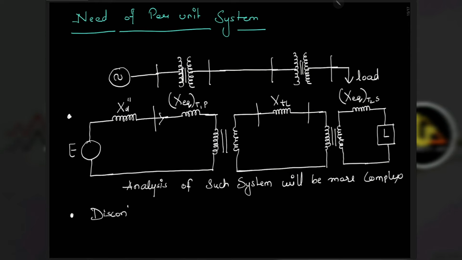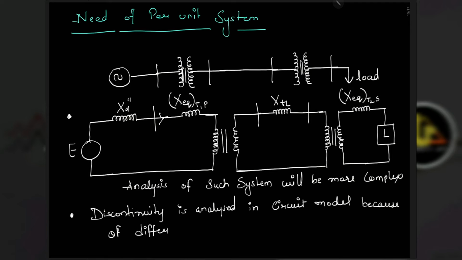Discontinuity is analyzed in the equivalent circuit model because of the different voltage levels.